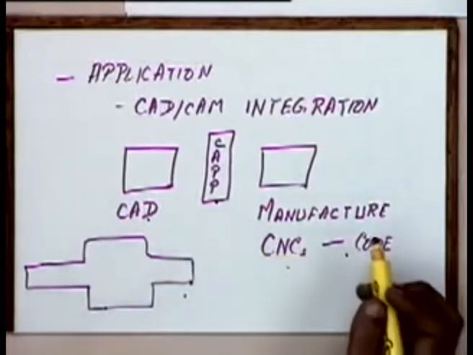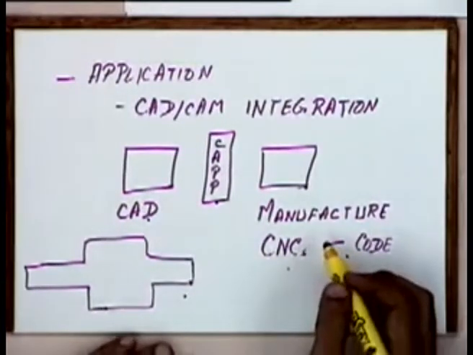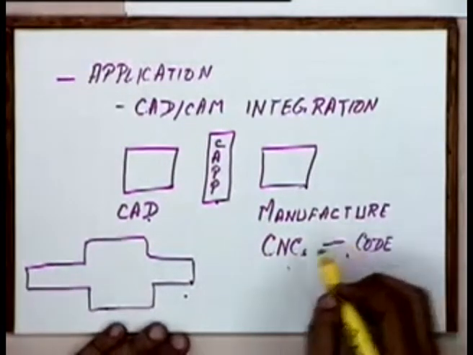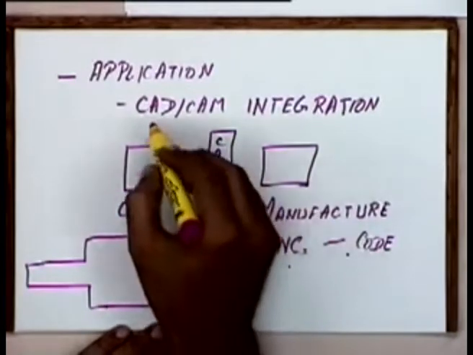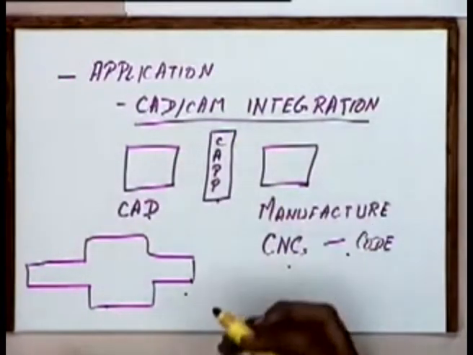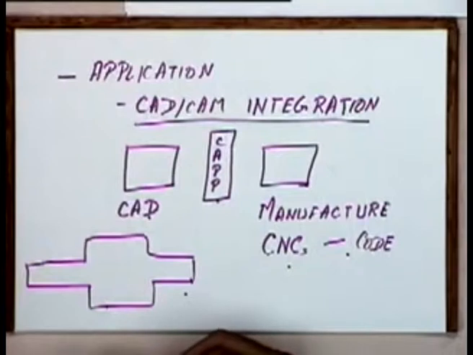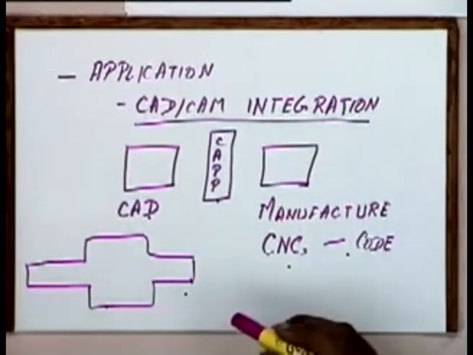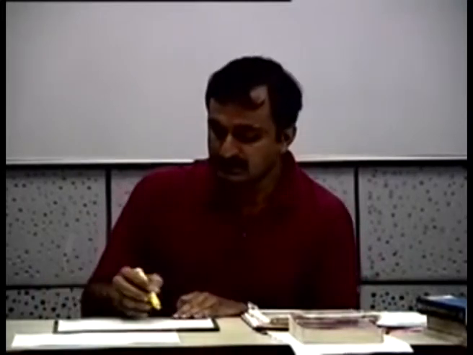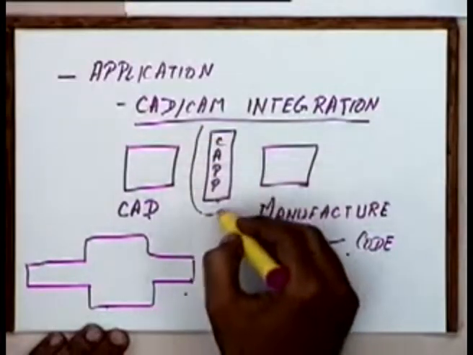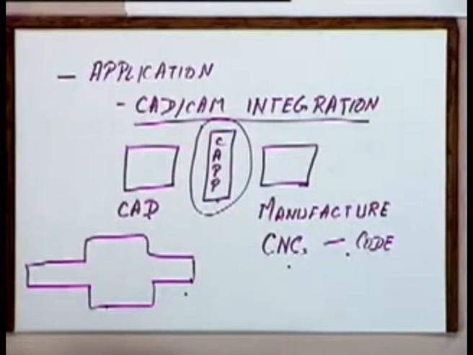If we are talking of an integrated manufacturing environment, this CAD CAM integration plays a very vital role. So under the applications, this CAD CAM interface and computer aided process plan form a very major application for the CAD models.